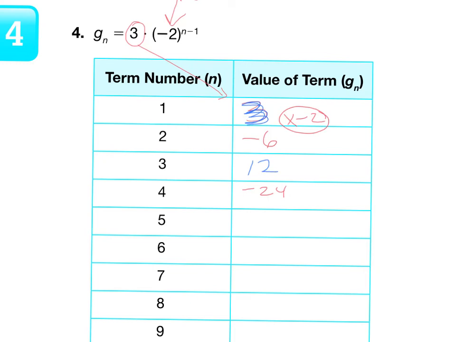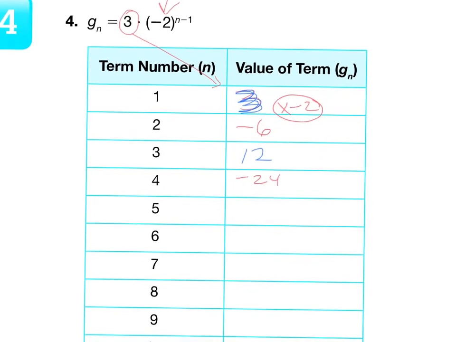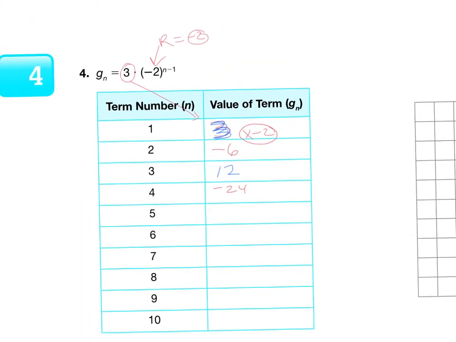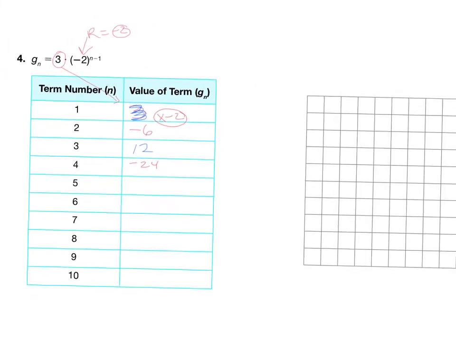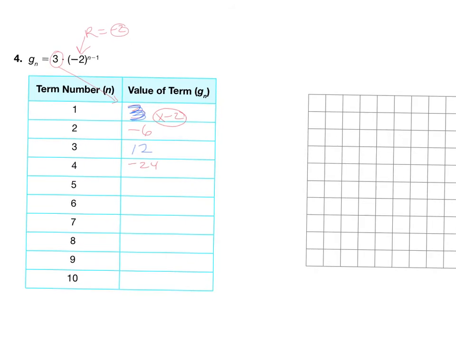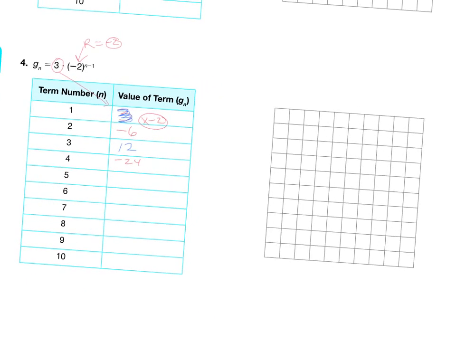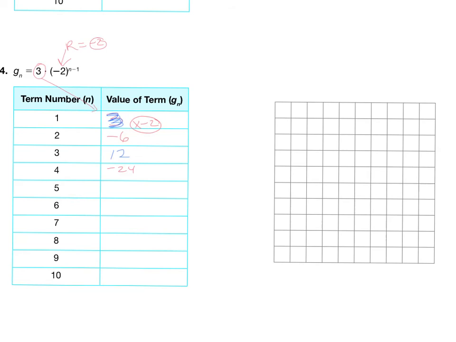So your numbers are going to be switching back and forth from positive to negative whenever you multiply by a negative. So when you graph this, it's going to be flipping from positive to negative. Perhaps you should have your axis in the middle somewhere.